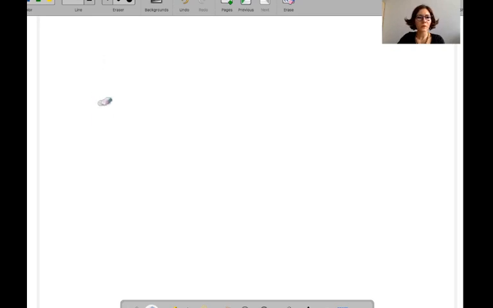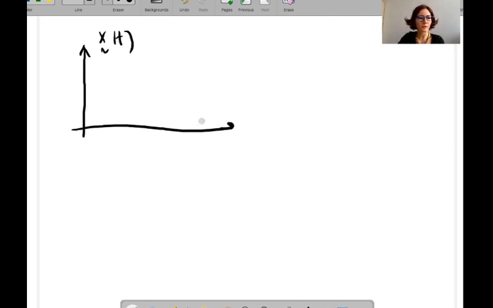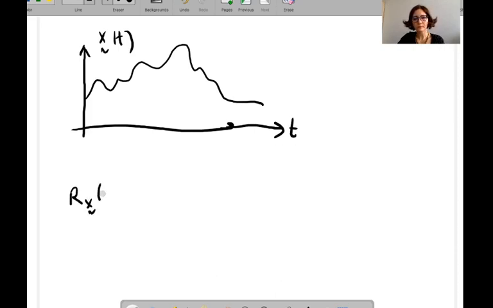Whatever we do, we have to obtain it from a single realization. So we are given a single realization, and let's say we have something like this. We are trying to find an estimate for our autocorrelation function.